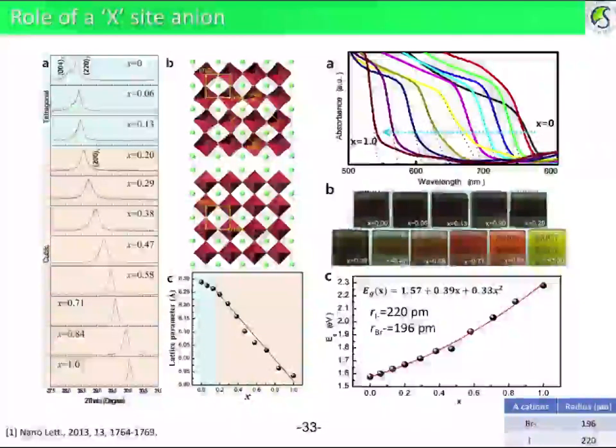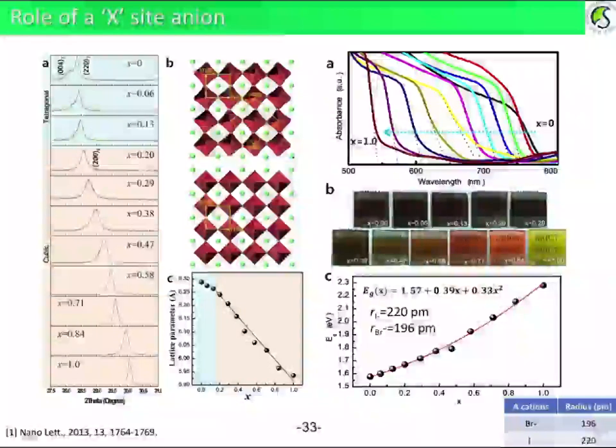For the case of the halide anion, because the halide anion directly contributes to the band edge state, as we replace the halide anion, the band gap and the lattice parameter of the film change significantly. So here the X indicates the fraction of the bromide.